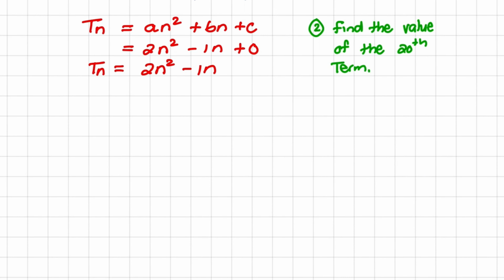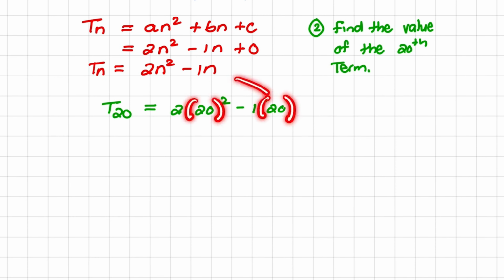Now, another question they can ask, following up from the first one, would be, find the value of the 20th term. So we have established that the general rule for this pattern is 2n² - n. And if I want to find the 20th term, I replace all the n values with 20. Notice that I'm using brackets when I substitute n with 20.